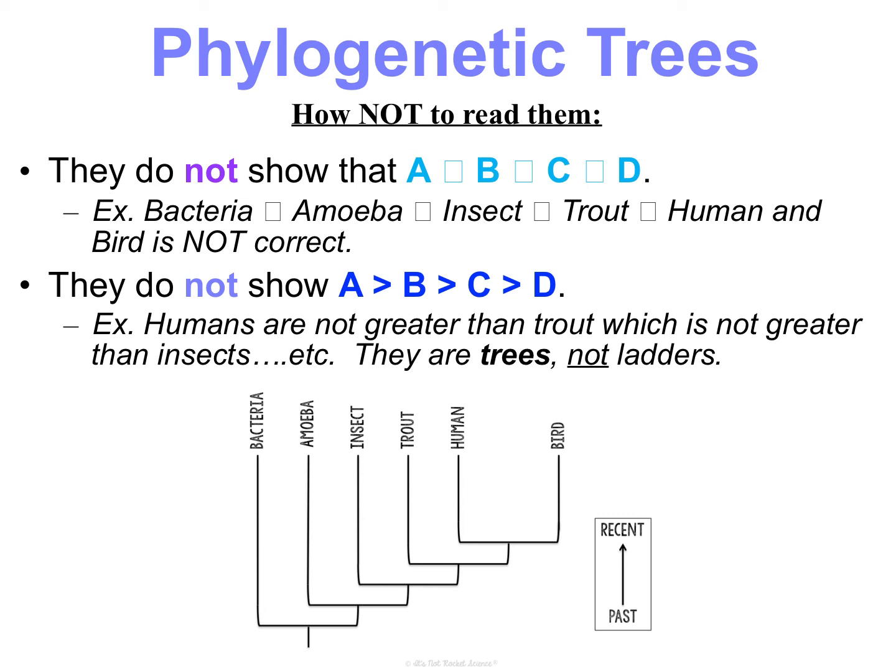It's not a linear fashion, and it's not showing who is the most advanced, because if that were true, then humans would not be the newest species on the planet. It just shows a branching system and a common ancestor. It's not a ladder that you're climbing up to get to something greater, and it's not a linear evolutionary path.